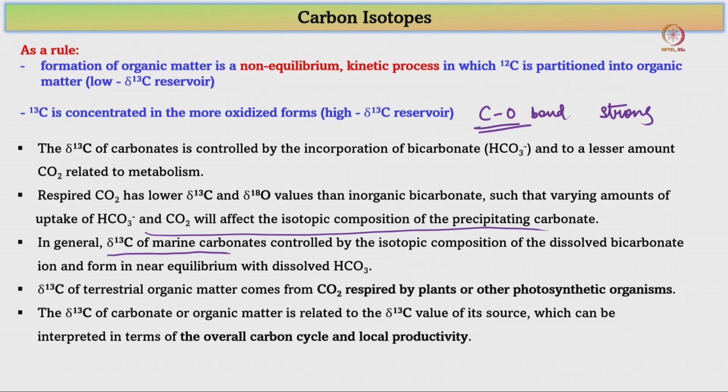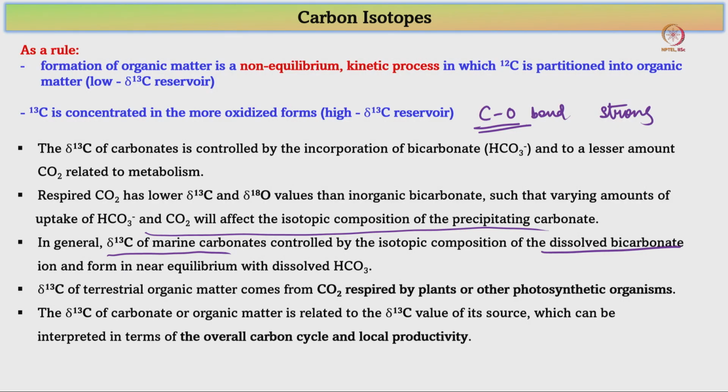So, that isotope composition will reflect the dissolved bicarbonate composition. Okay. So, here there is no organism to change the delta 13C values. So, whatever the delta 13C of inorganic carbonates is, it is at equilibrium with the bicarbonate values.